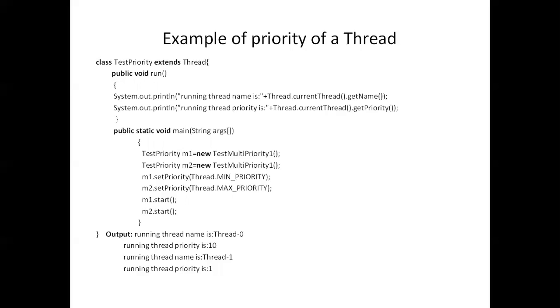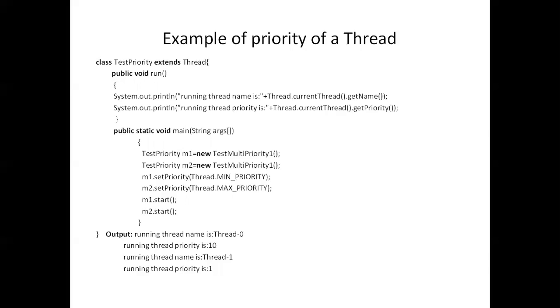After that, in the main function we create two objects m1 and m2 of the TestPriority class. After that, m1.setPriority(Thread.MIN_PRIORITY).